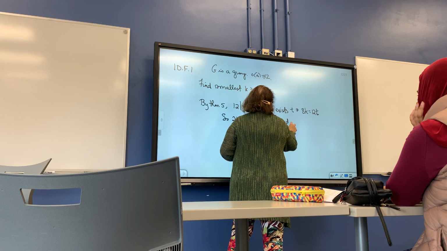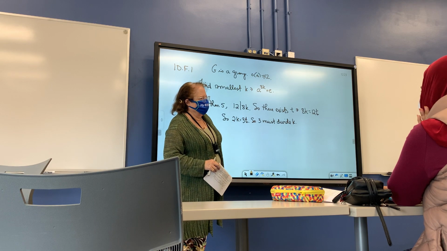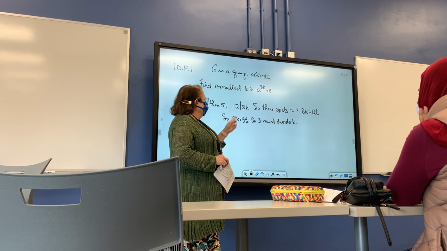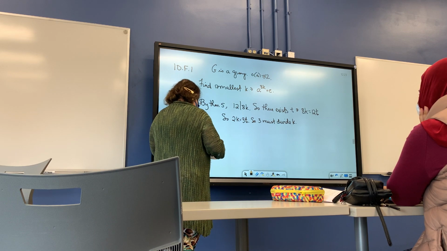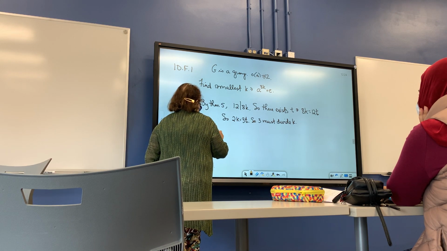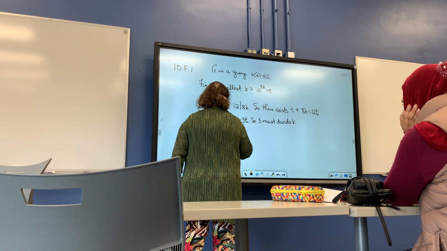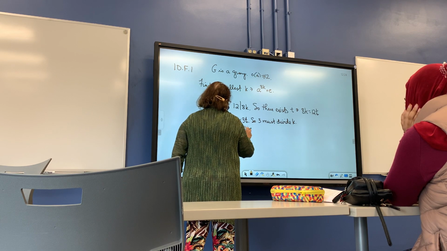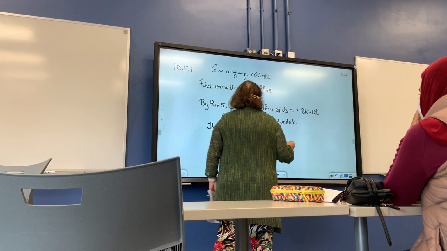So 3 must divide k. Right? Here you look at 2 divides t, but if you look back the other way, 3 divides k. And we're looking for k, so we're focusing in on k. Okay? The least positive integer divisible by 3 is 3.